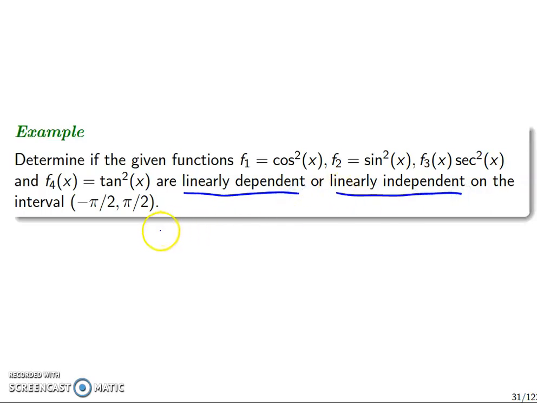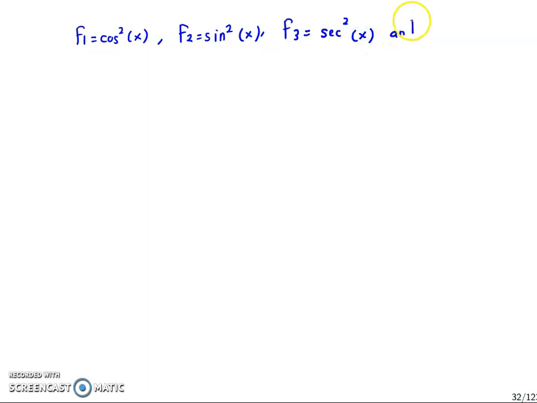We have f1 equals cos squared x, f2 equals sine squared x, f3 equals secant squared x, and f4(x) equals tangent squared x. How can I show that they are linearly dependent?